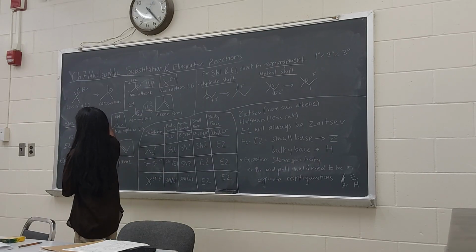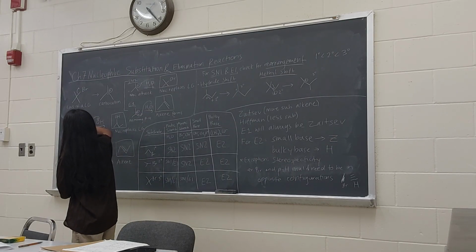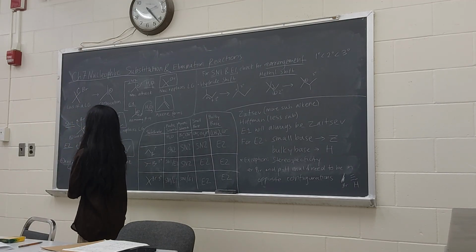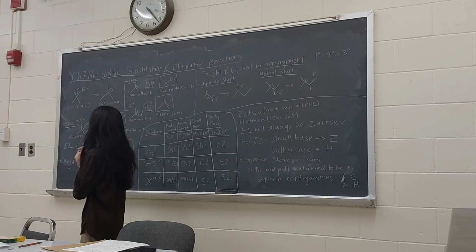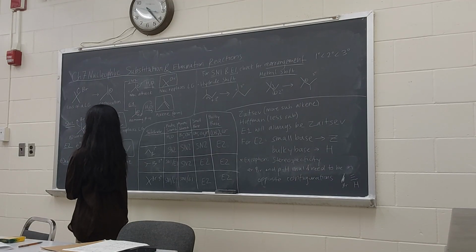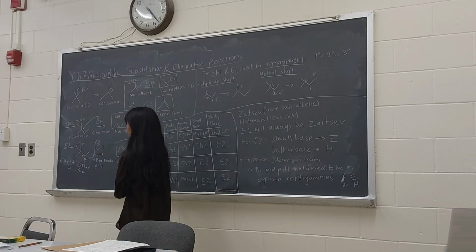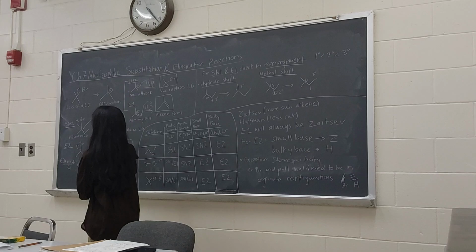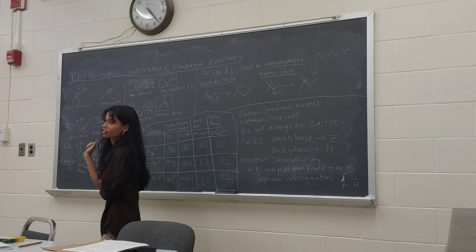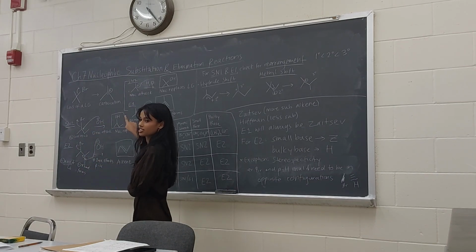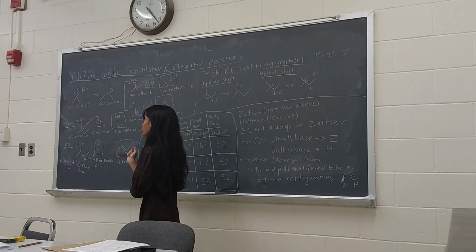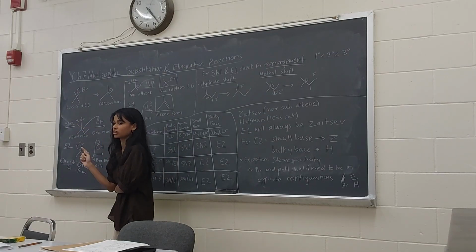When it attacks, the leaving group kind of just gets removed, or it happens simultaneously. And then it'll be replaced by whatever nucleophile attacked it. But you don't need to draw all of this out. On the exam, if you just put this, that's fine, because you know that it'll just be substituted.